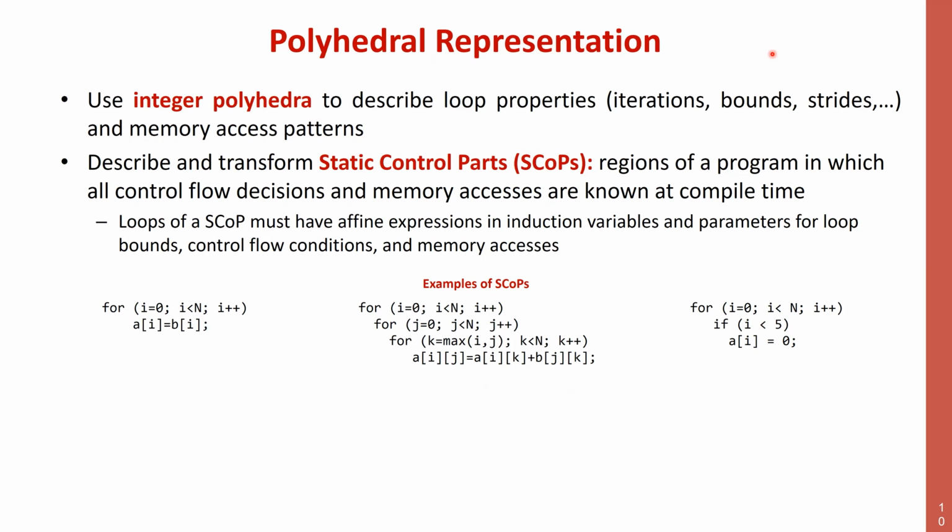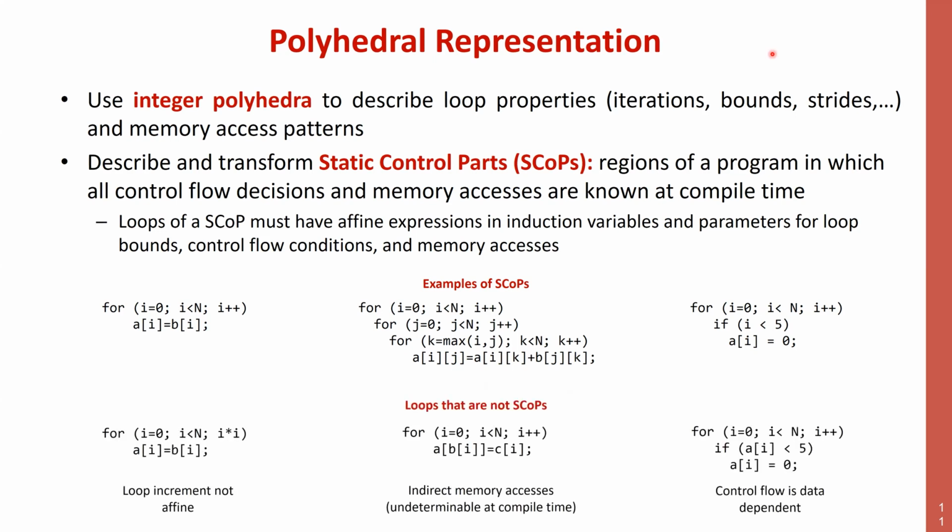Here you have three examples of what are scopes, so programs where the polyhedral representation can be applied. Maybe more interesting is to start seeing cases that fall out of that, right?